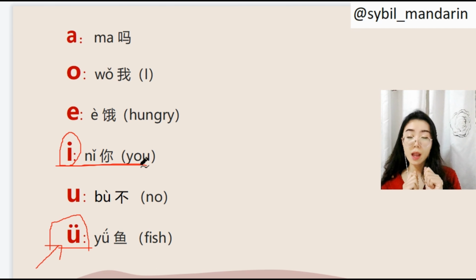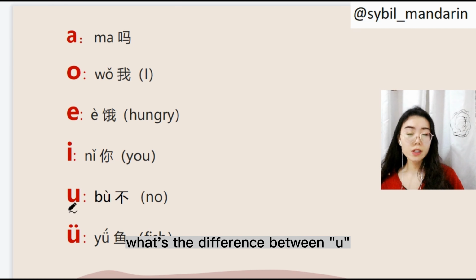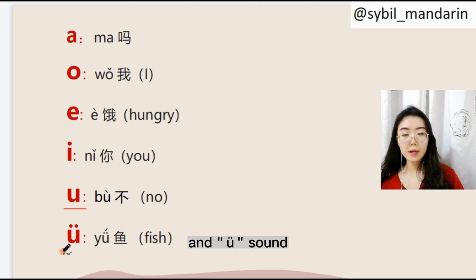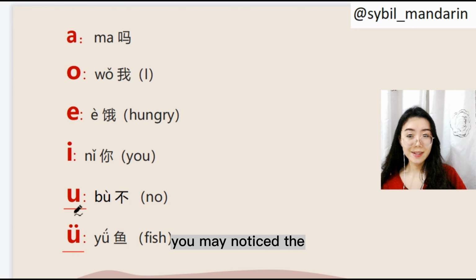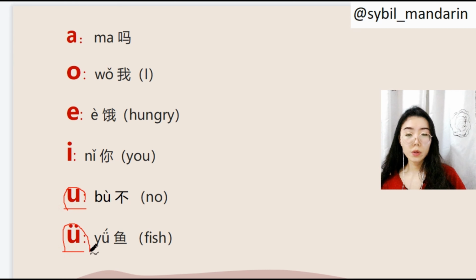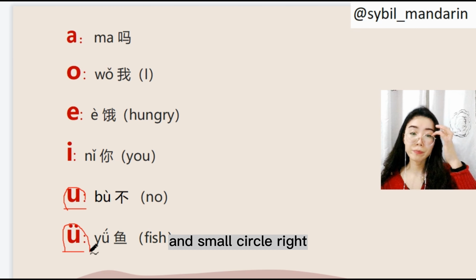Okay. Another common question learners may have is, what's the difference between u and ü? How come they pronounce so differently with a similar mouth shape? You may notice that u and ü both have the put-forward mouth shape and a small circle, right?